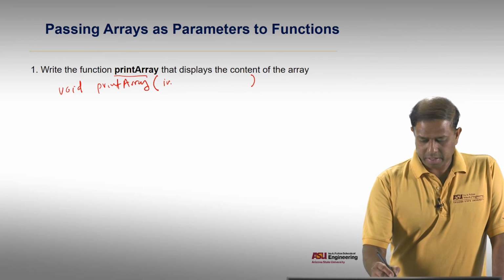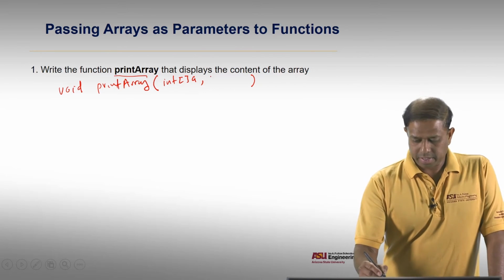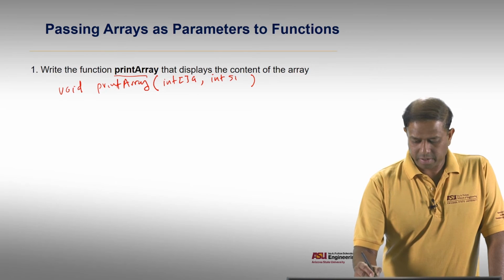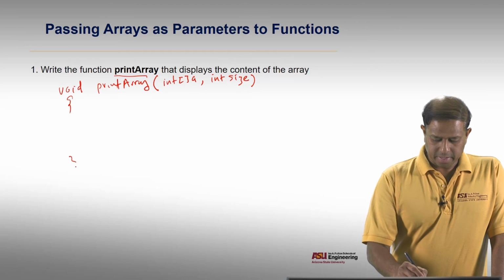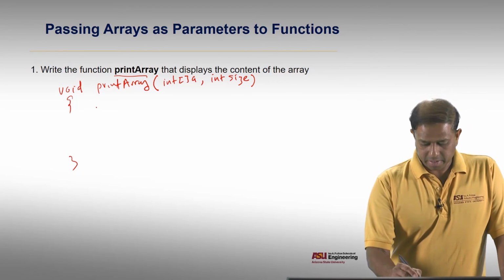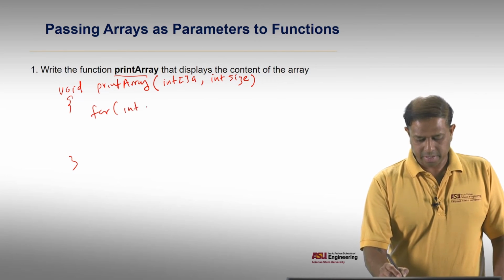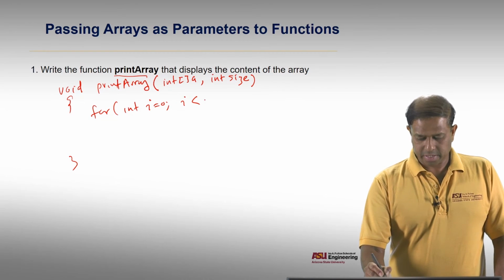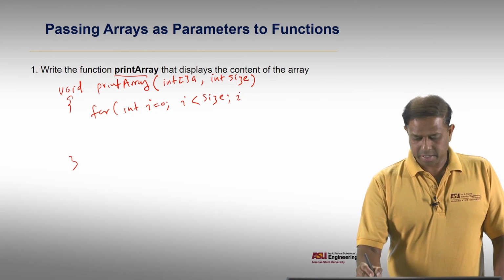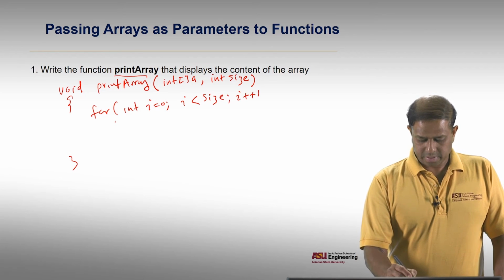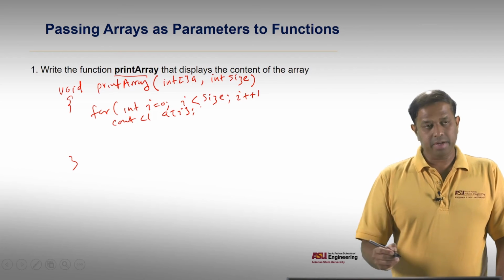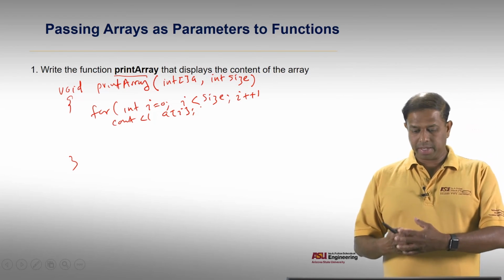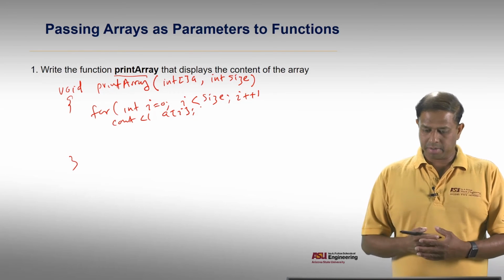The first one is an integer array a as a parameter, and then we need to know the size of the array, that means how many elements are stored in the array. And then we can run a for loop in here. You can say for int i equals 0, i less than the size of the array, and then i plus plus, cout a[i]. So that will display the content of the parameter a onto the monitor, right?